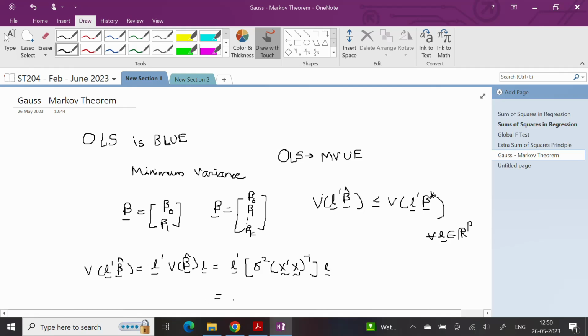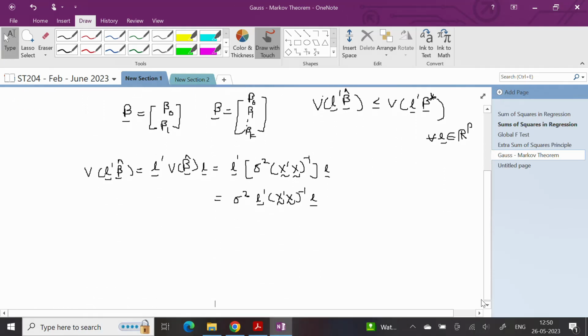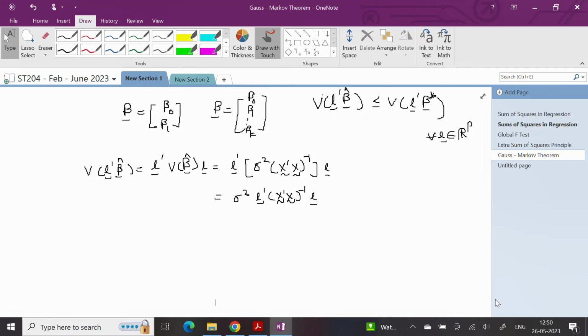And L. Sigma square is common, it's a scalar, so it can be taken out. So this is sigma square L prime, then x prime x whole inverse L. This is our variance of L prime beta hat.